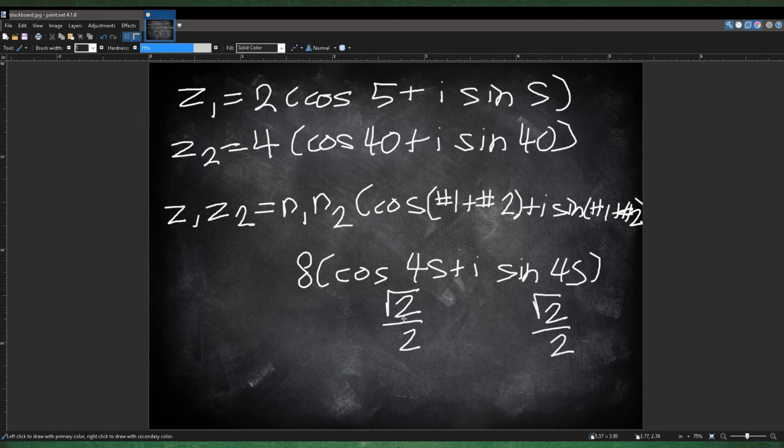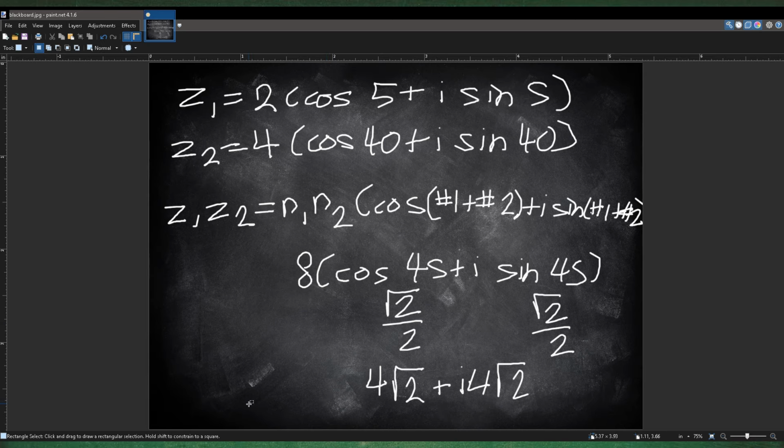So 8 times cosine of 45, which is square root 2 over 2, is 4 square root 2, plus i sine of 45, which is square root 2 over 2 times 8, which is the same thing, 4 square root 2. So magnitude 1 times magnitude 2 gives 4 square root 2 plus i times 4 square root 2, which is the imaginary portion. So that's basically how you do it.